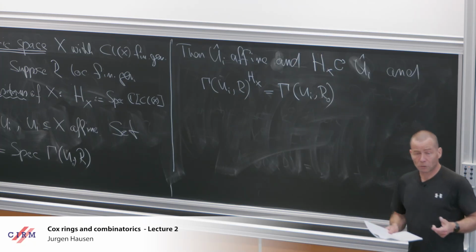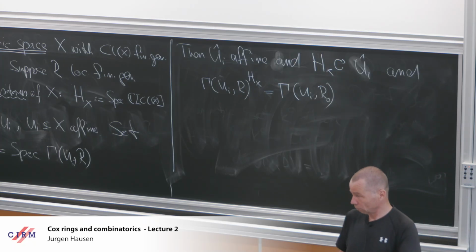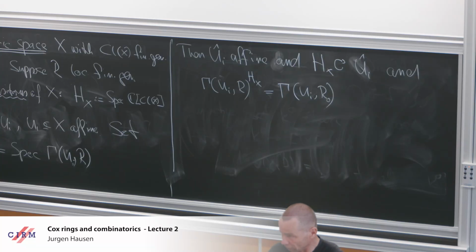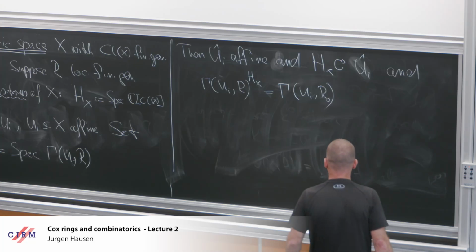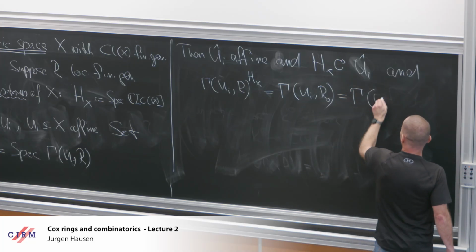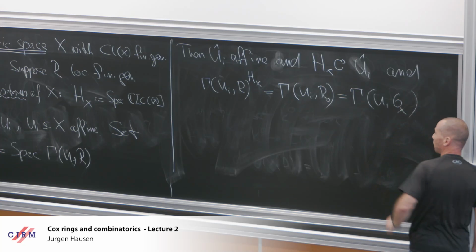But degree 0 of the Cox sheaf means what? I am looking for functions. These are controlled poles by divisors, but if there is no divisor, they must be regular. So this is just the algebra of functions on X.